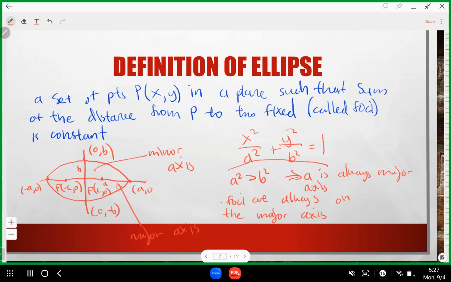But I'm just going to let you write that down for a moment. So make sure you get all of this in your notes. If you haven't started taking notes yet, make sure you start now. I'll give you a couple moments to put this into your notes, and then we can continue, because ellipses are quite confusing once you get into it, but they're quite similar to hyperbolas. So when we learn about hyperbolas, it should be pretty similar.